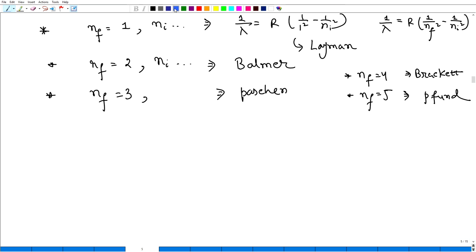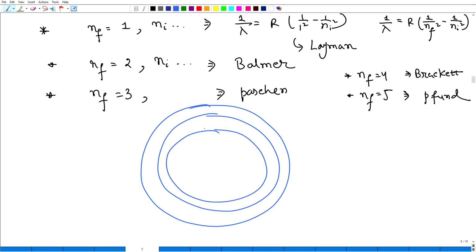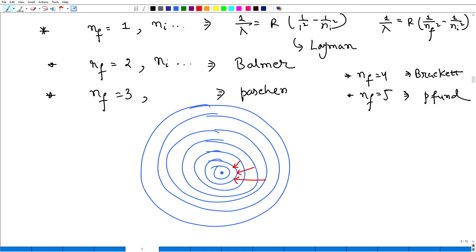Okay, so it is 2. So now when it is coming to 2, let's say 3 to 2, 4 to 2, 5 to 2, 6 to 2, 7 to 2.